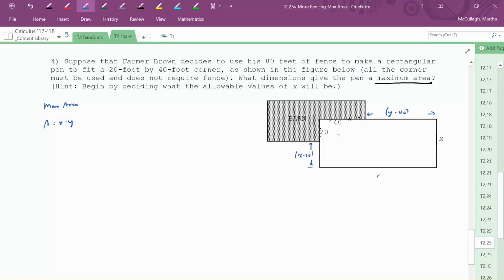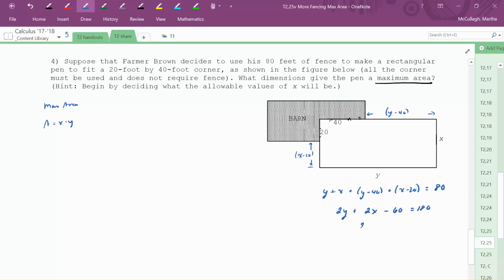So our entire pen is made up of this y, this x, this y minus 40, and this x minus 20, and that is the 80 feet of fence that Farmer Brown has. So collecting our like terms, we've got two y's, we have two x's, we have minus 60 equals 80. We had 180 feet last time.